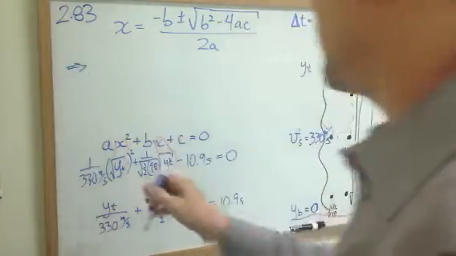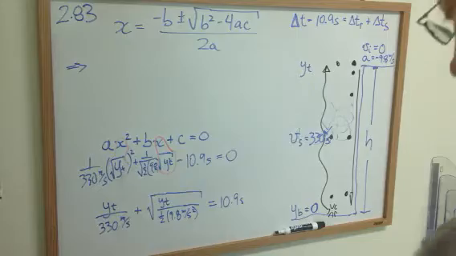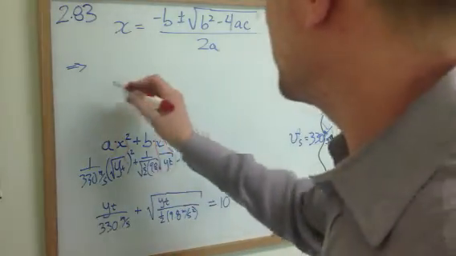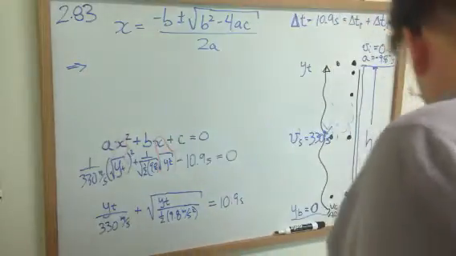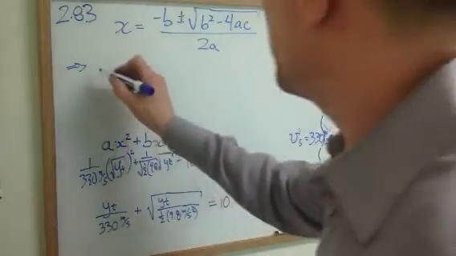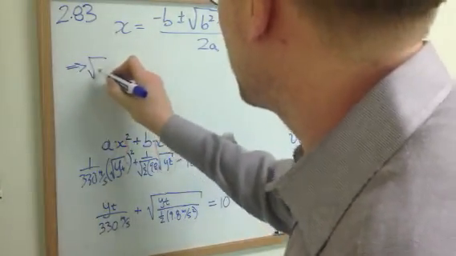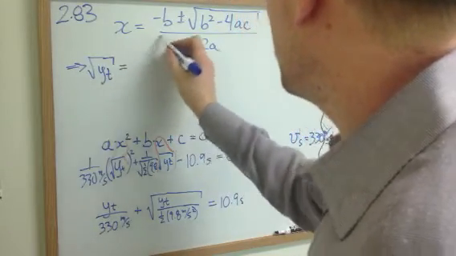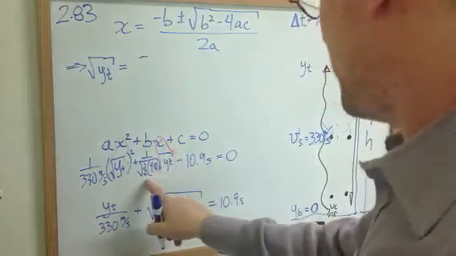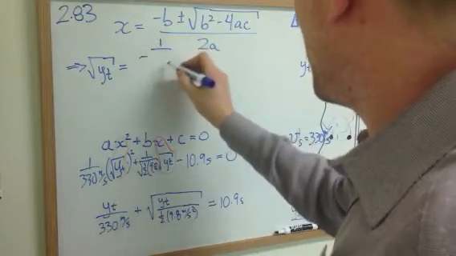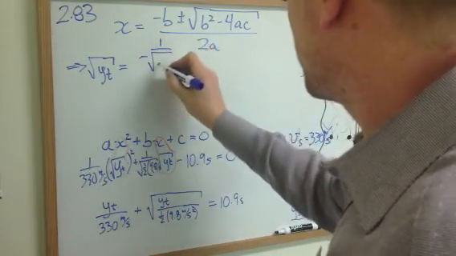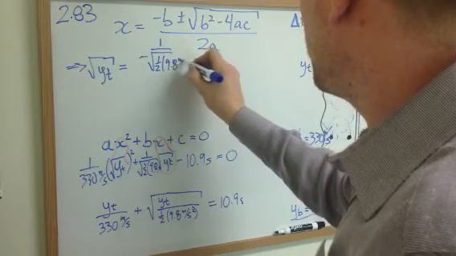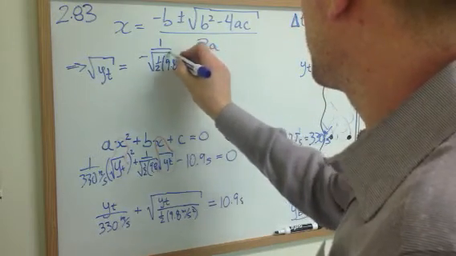In our case, when we substitute in, what plays the role of x is here. Here it is, square root of yt is equal to negative b. b is 1 over square root of 1/2 9.8 meters per second squared.